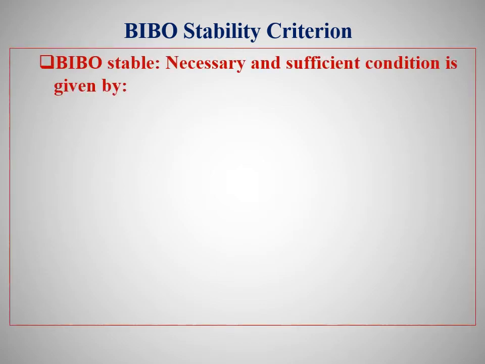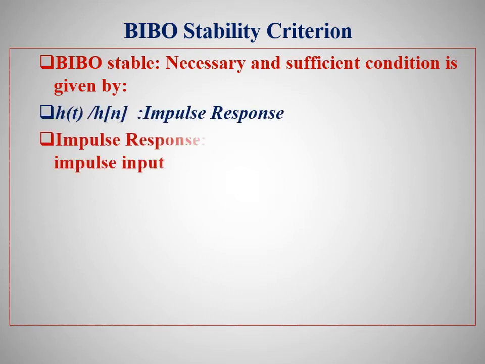Next, we need to see what the bounded input, bounded output stability criterion is. The necessary and sufficient condition for BIBO stability is given by the impulse response, which is the response of a system when a unit impulse is applied to it.